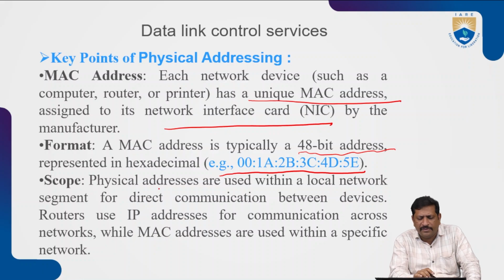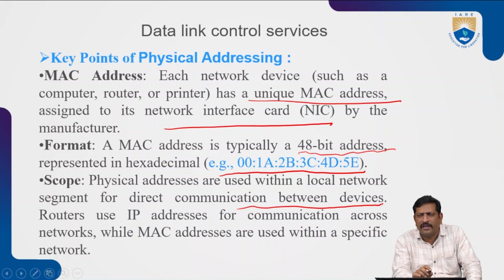Regarding scope, the physical addresses are used within a local network or segment for direct communication between two devices over the LAN, MAN or WAN. Routers use IP addresses for communication across networks. With the help of the IP addresses, data can be transferred via the routers.